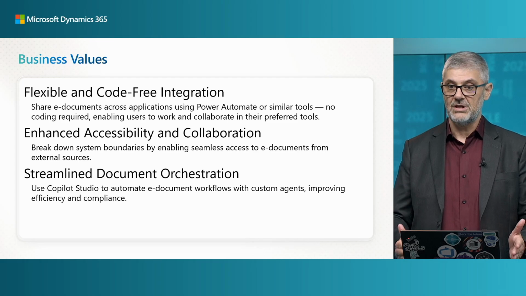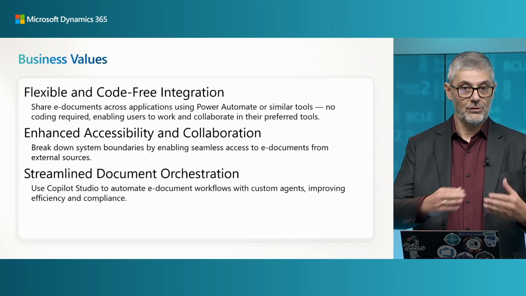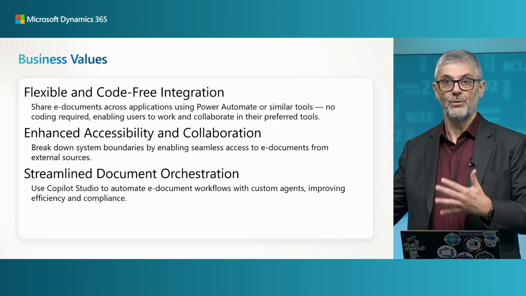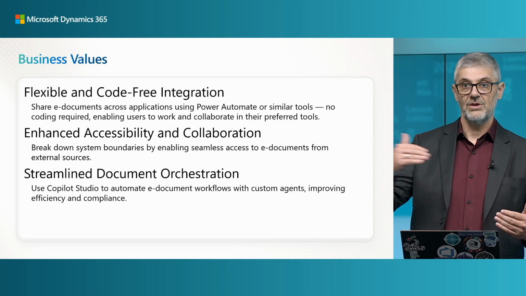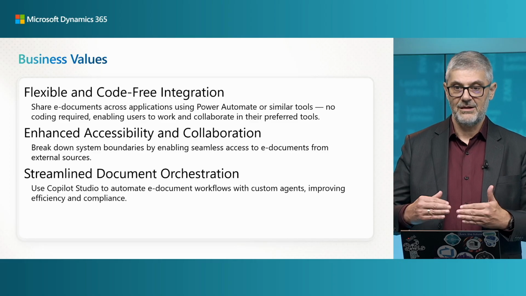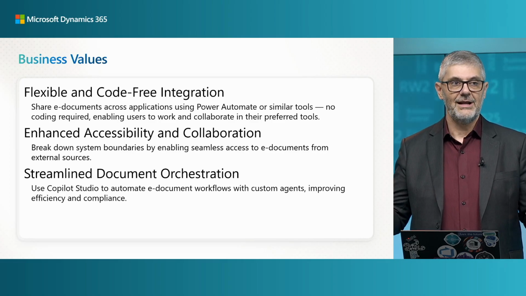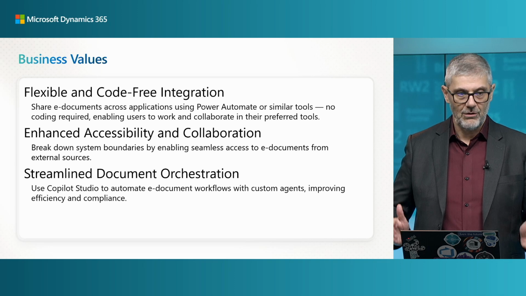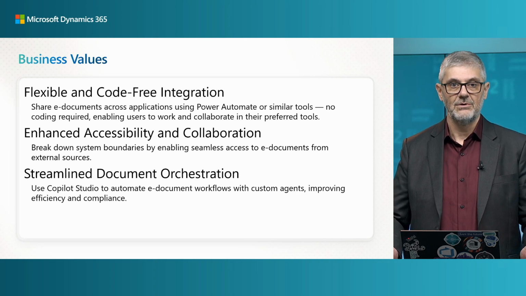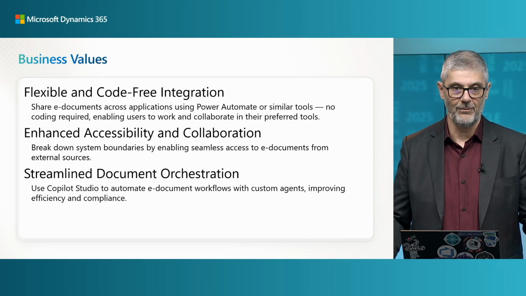So you can easily use Power Automate or similar tools, no code required, so you can make a full flow to do whatever you want with your e-documents. And you can use it in other directions as well. So it will definitely enhance accessibility and collaboration, breaking all boundaries related to e-documents communication, because we will generally deliver some channels of communication, but you can do much more with external sources without any problem.